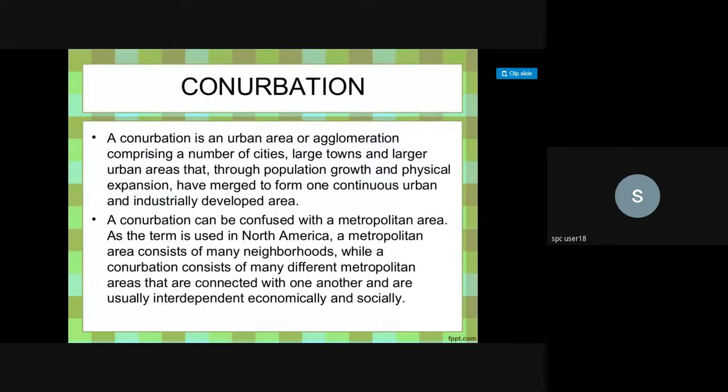A conurbation can be confused with a metropolitan area. As the term is used in North America, a metropolitan area consists of many neighborhoods, while a conurbation may consist of many different metropolitan areas that are connected to one another and are usually interdependent economically and socially. I would say that we are in the process of building conurbations in Maharashtra, if you have heard of this term PMRDA.